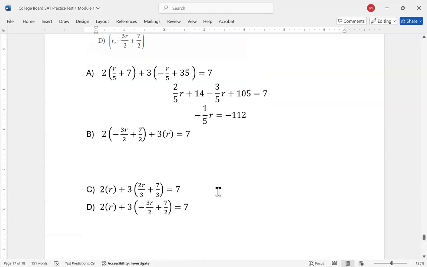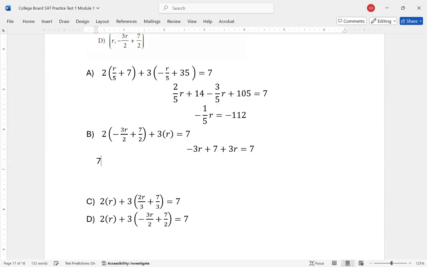So I'll do that for B. We're going to end up with negative 3r plus 7 plus 3r is equal to 7. We get 7 equals 7, which is obviously a true statement. That is true regardless of what value I plug in for r.